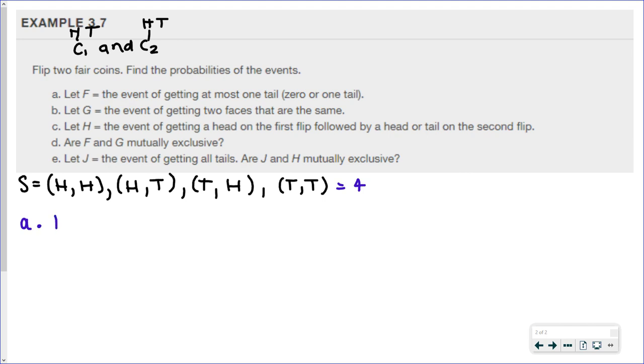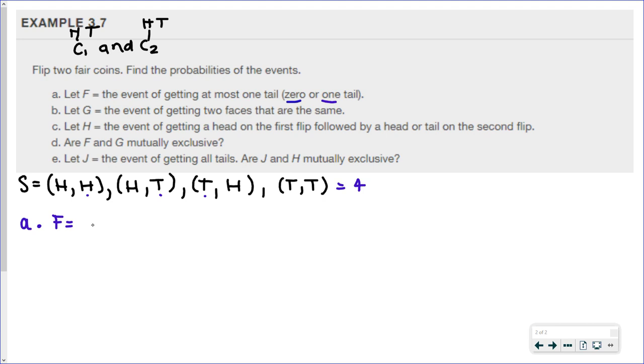A says F is the event of getting at most one tail, 0 or 1 tail. So let's see, 0 or 1 tail. I have one tail here, one tail here, no tail here.